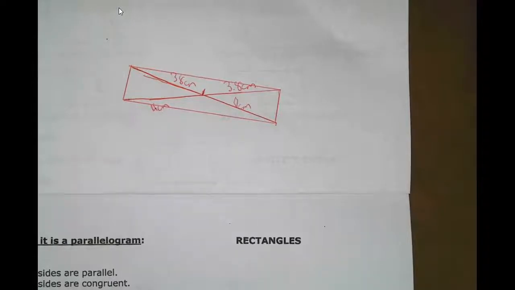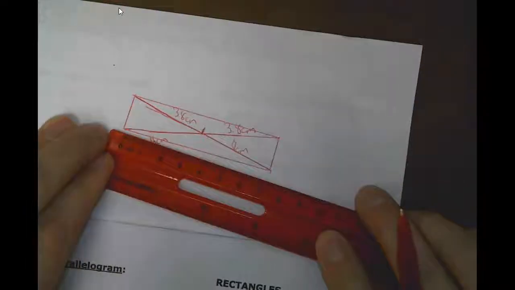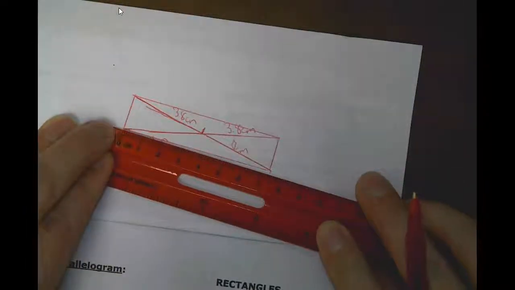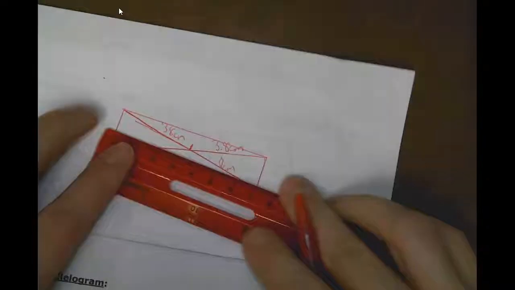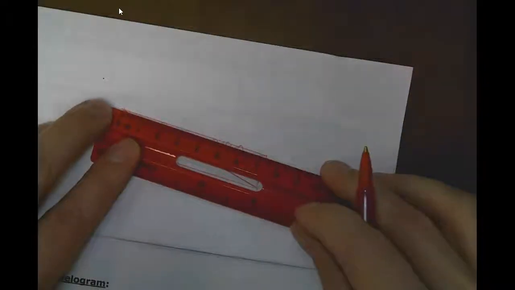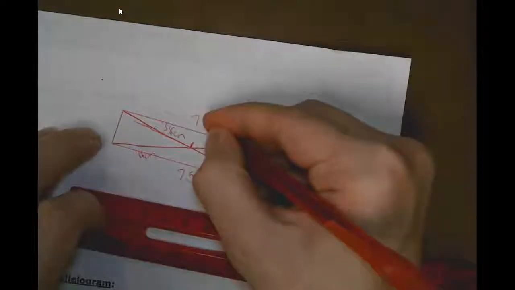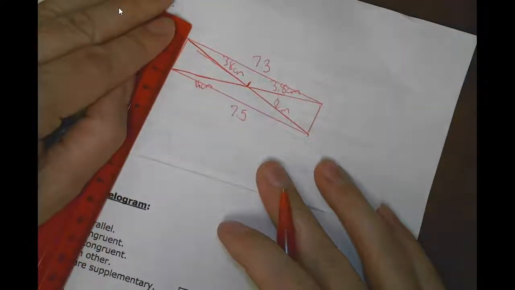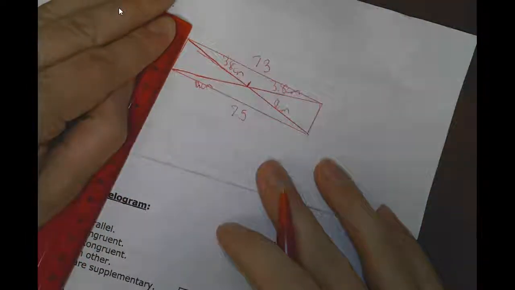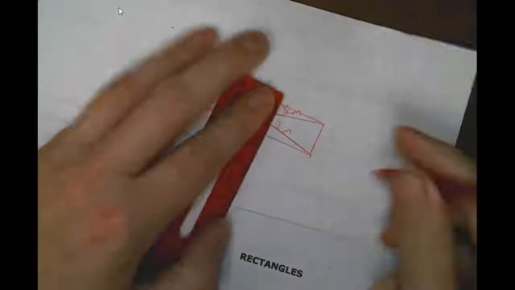And if we did it perfectly, we should be able to measure this, and they should all match up. Mine's 7.5, and then this is 7.3. This one is 2.7 and 2.6.